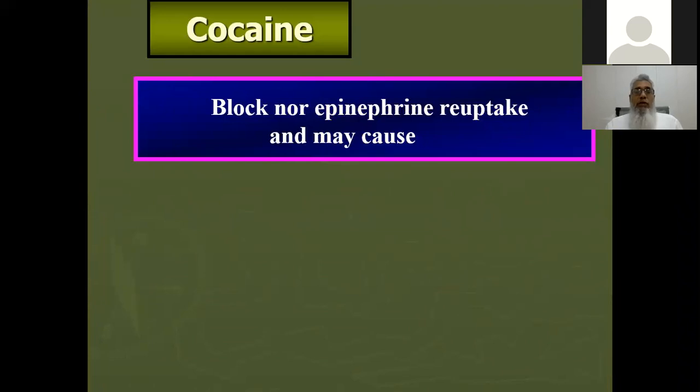So we come to cocaine. Cocaine is the first local anesthetic ever used in human history, in 1884, by an ophthalmologist for an eye surgery. Cocaine can be used as a topical local anesthetic, and it has a unique intrinsic sympathomimetic activity which causes vasoconstriction.